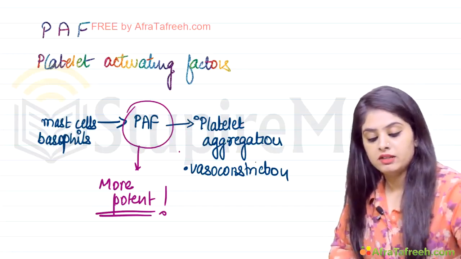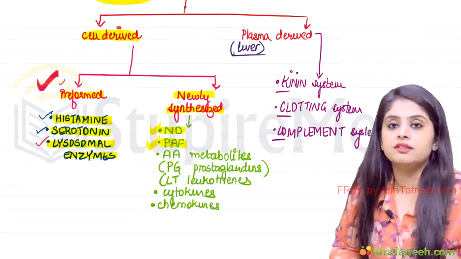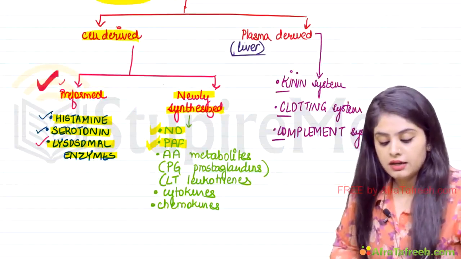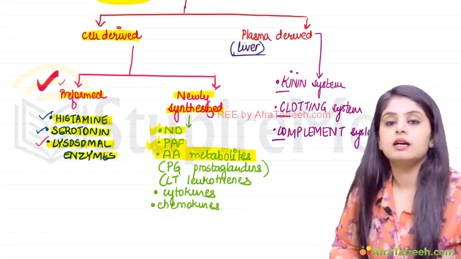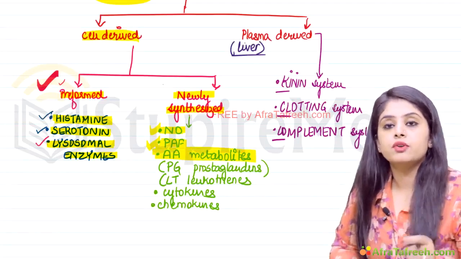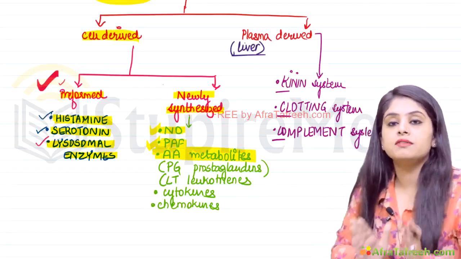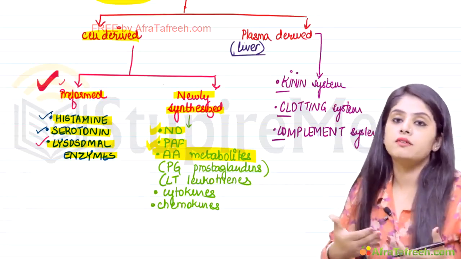So coming back to our list, we have finished the first two newly synthesized mediators. Now we go on to the next category, which is definitely an important one, arachidonic acid metabolites. And students, not only is this important here, but if you do the pathway once over here, a number of drugs of pharmacology will also be covered side by side.